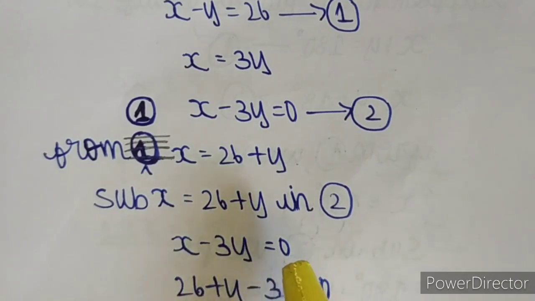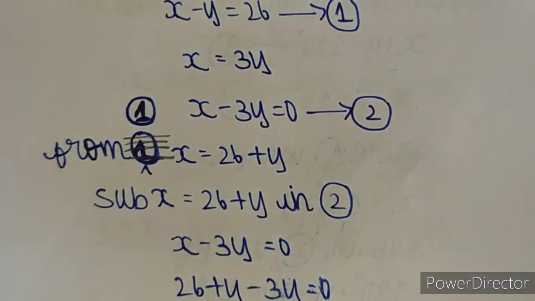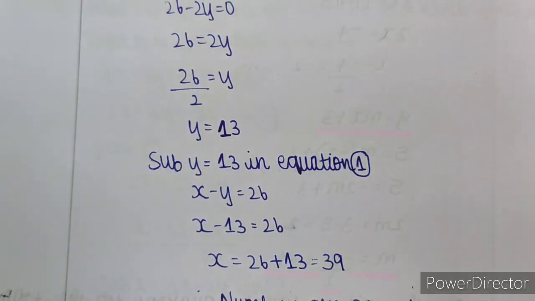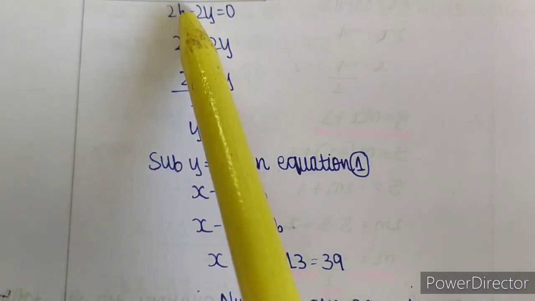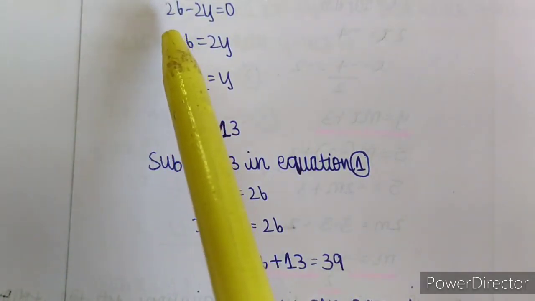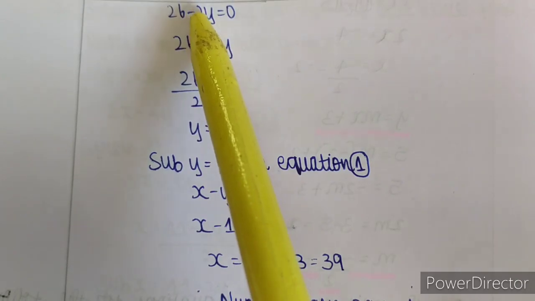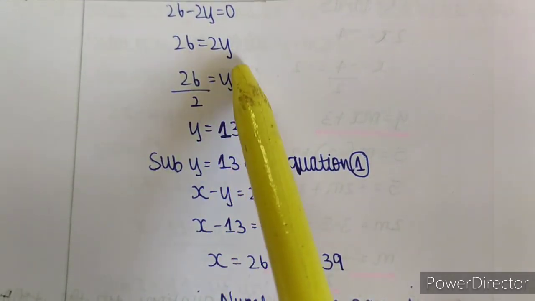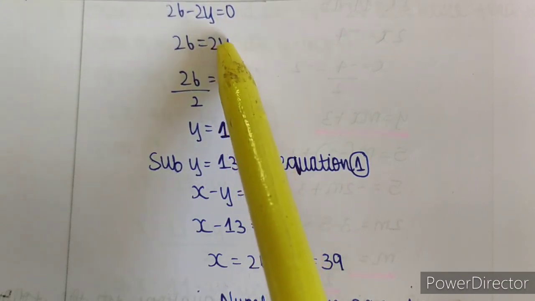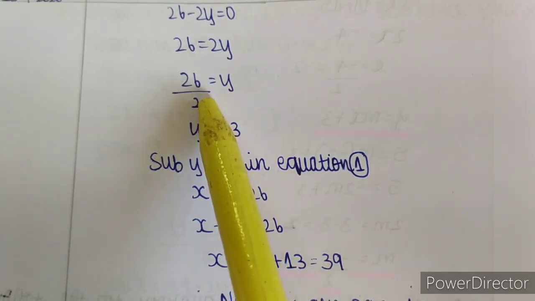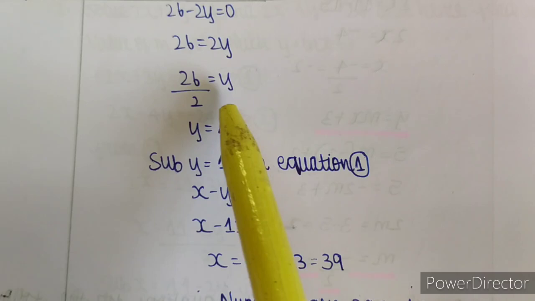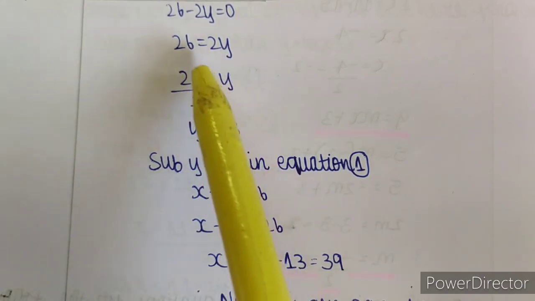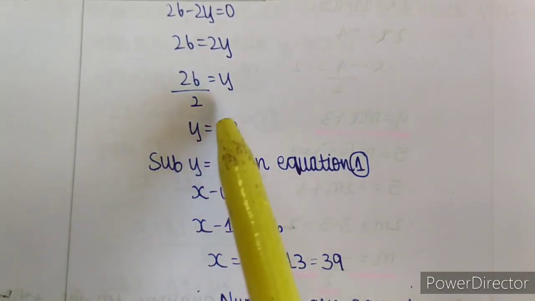So 26 plus y minus 3y is equal to 0. Solving it further, we get 26 minus 2y is equal to 0. So 26 is equal to 2y because minus 2y on the other side goes as plus 2y. So 26 by 2 is equal to y because 2y is in multiplication, on the other side it goes in division. So y is equal to 13. 2 into 13 is equal to 26. Therefore on dividing 26 by 2 we get y is equal to 13.